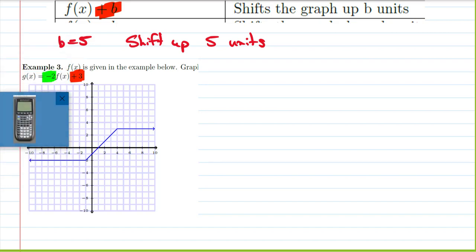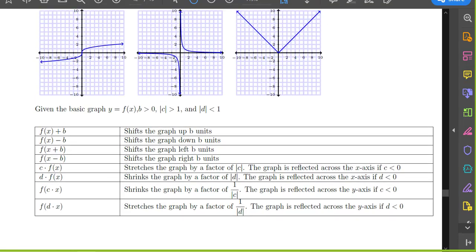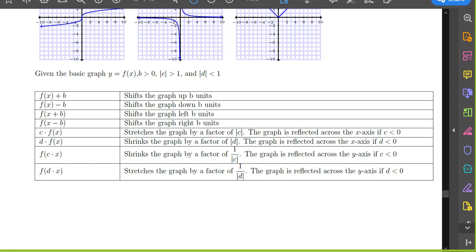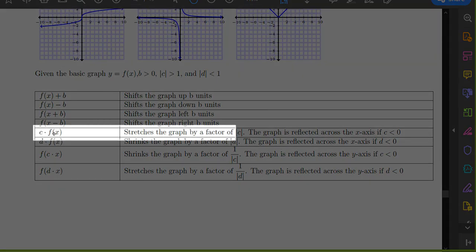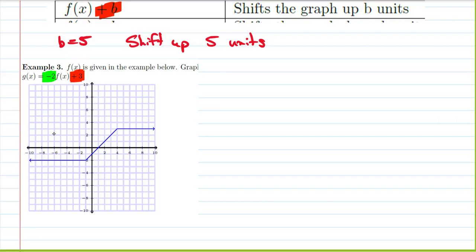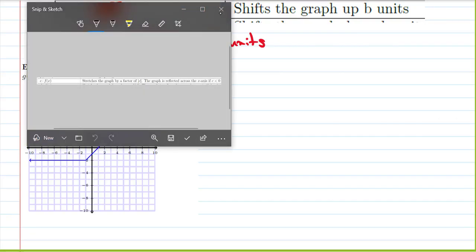So if we look at our chart, once again, if I have a negative 2 out in front, the absolute value of negative 2 is positive 2, and positive 2 is bigger than 1, so it's going to be a C on the outside, but our C value is negative 2.